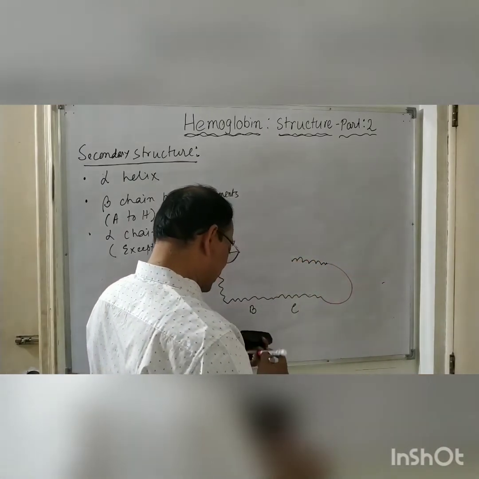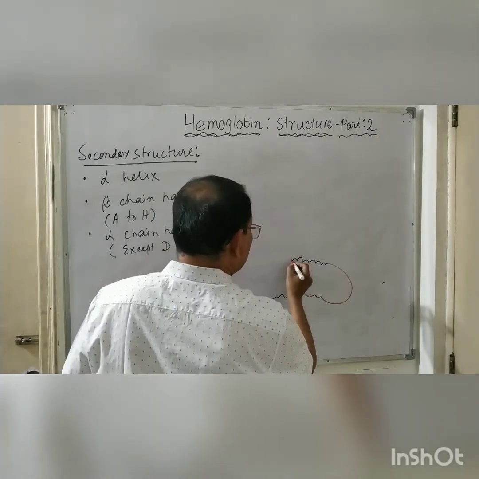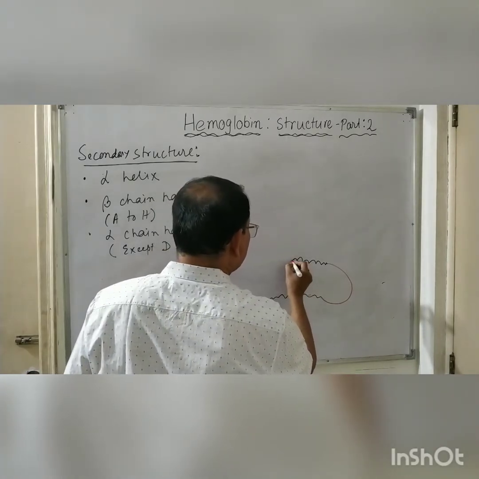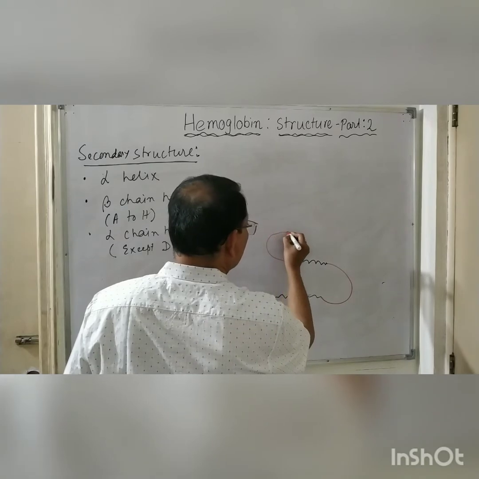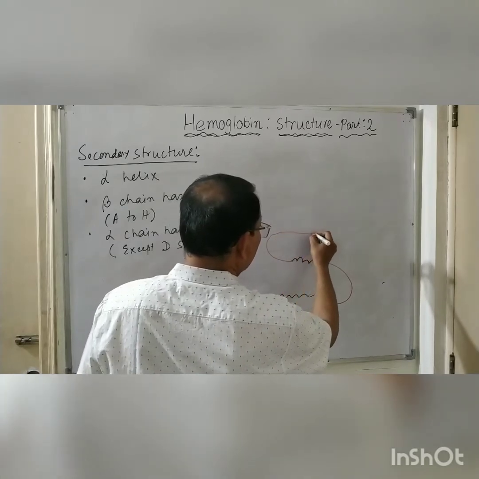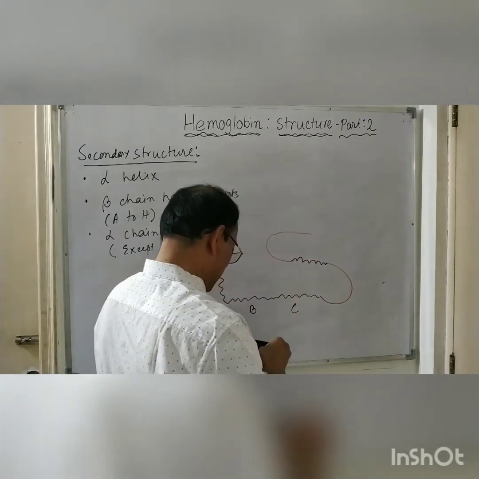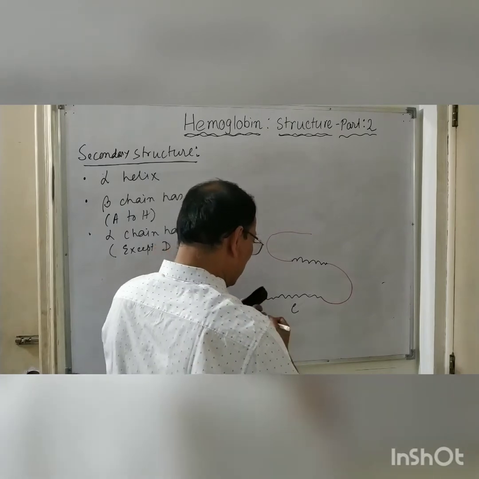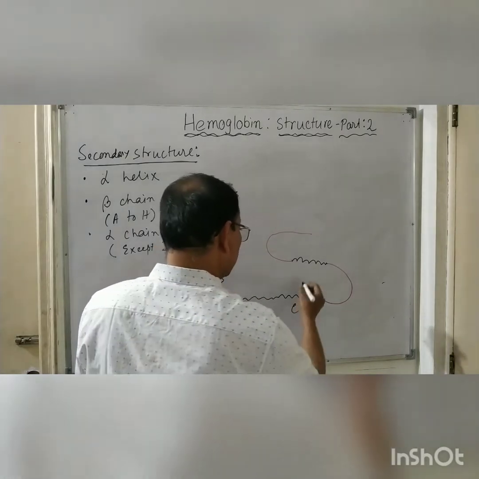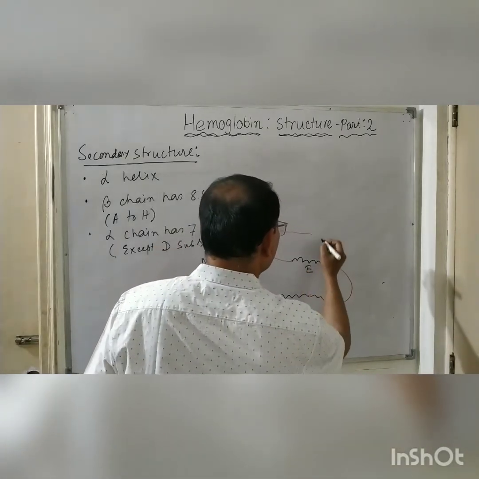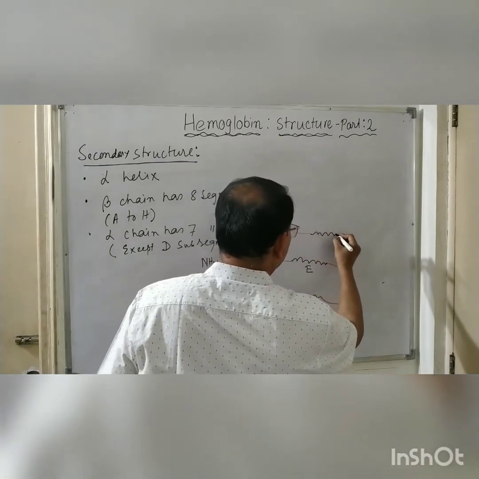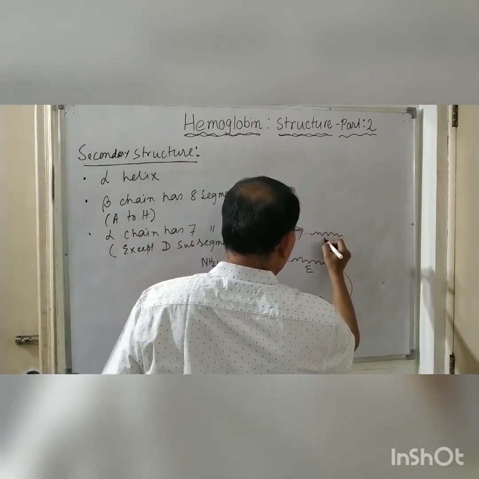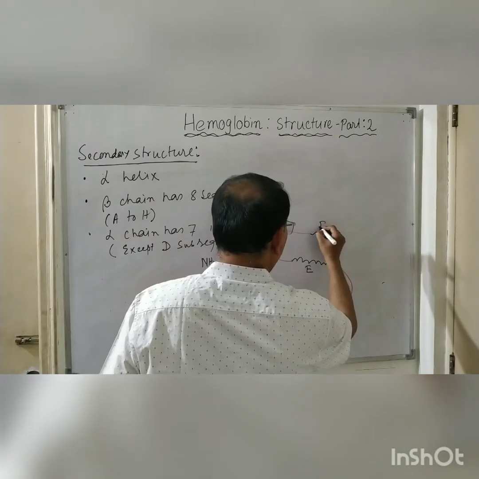In case of the alpha chain, then again there is a loop, which is connected with the E subsegment, and then the F subsegment.